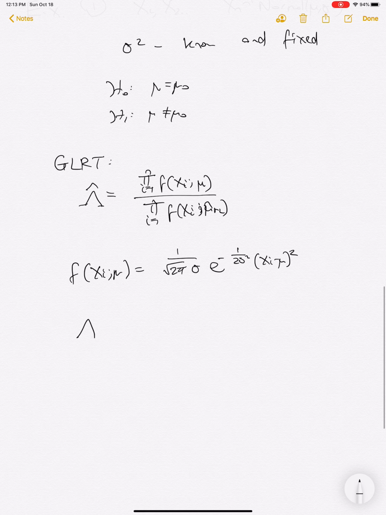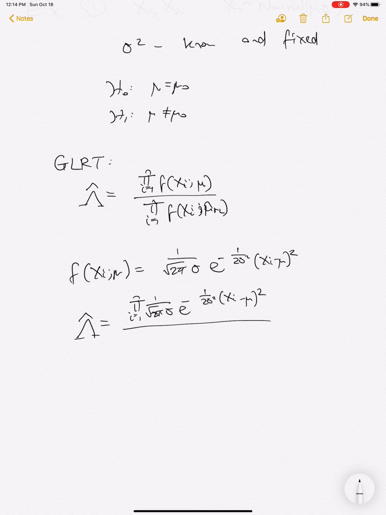If we were to calculate the generalized likelihood ratio test statistic, you plug in mu equals mu 0 on the numerator, and then you plug in mu equals mu hat ML on the denominator.